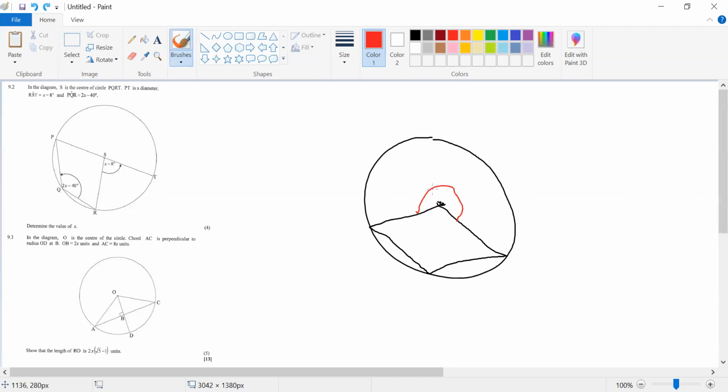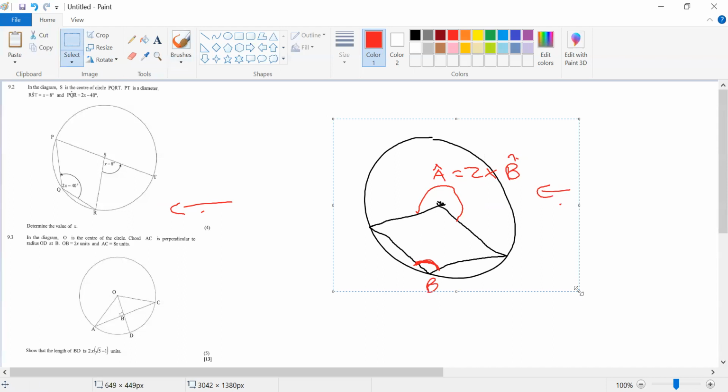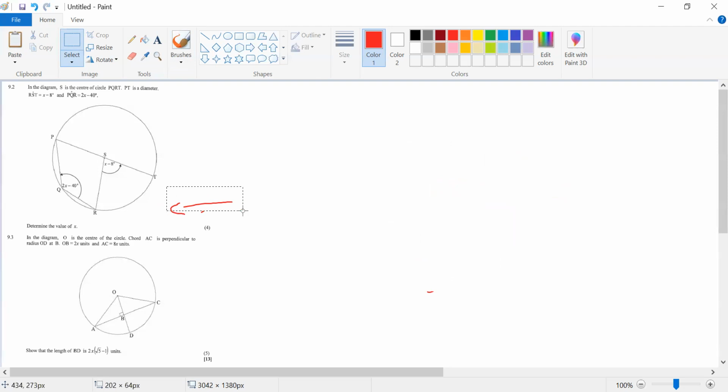And it's this outer angle, which we can call angle A, and we'll call this B, which is equal to 2 times the angle at the circumference, which is this angle, which we would call angle B. So using this whole concept right here, we're going to solve this problem. So it's just a different play on angle at center. So just be very cautious of which angle you're using.